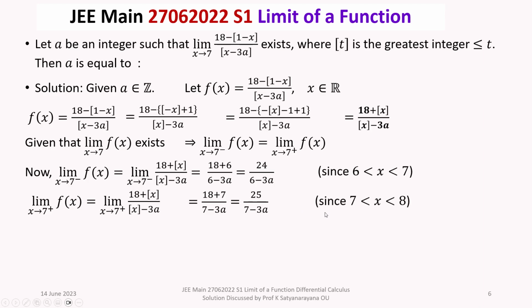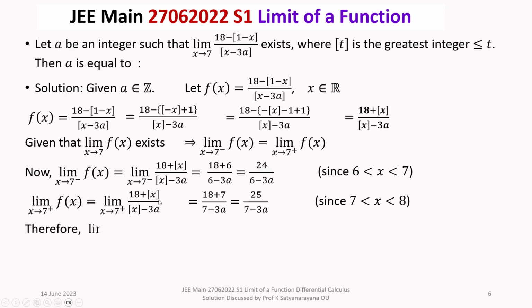Why? Because x is greater than 7 but less than 8, so the greatest integer less than or equal to x will be 7. So that's the argument.